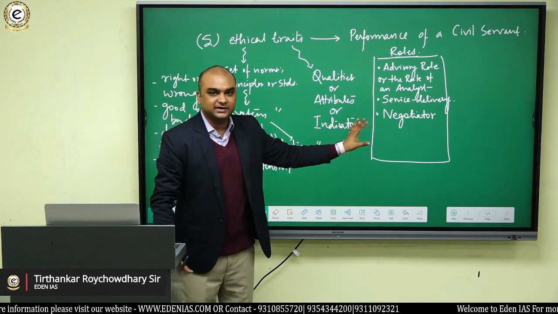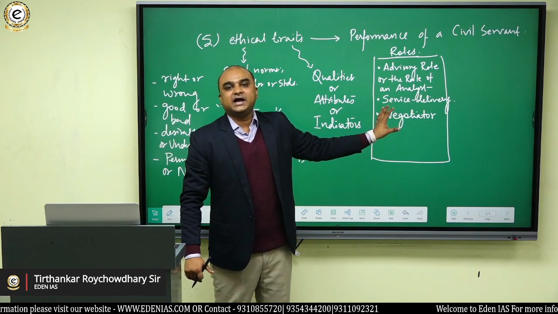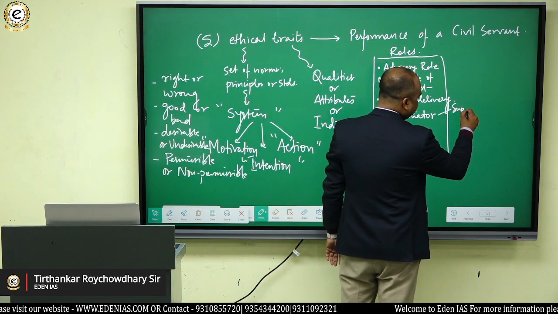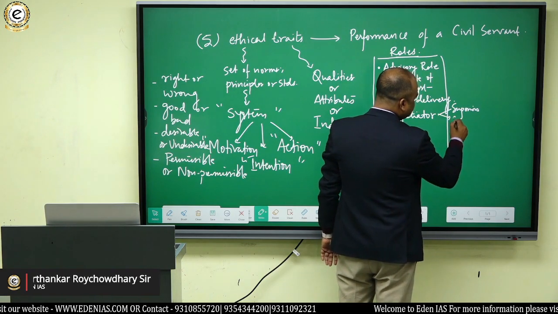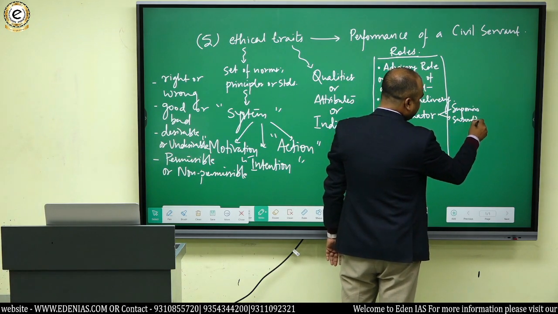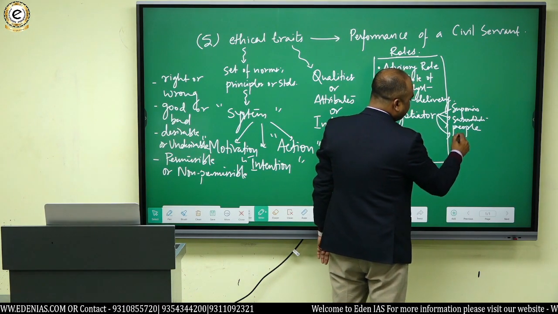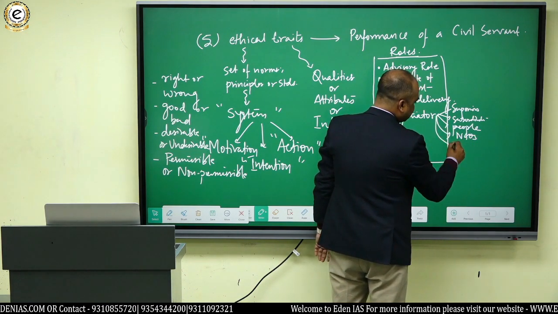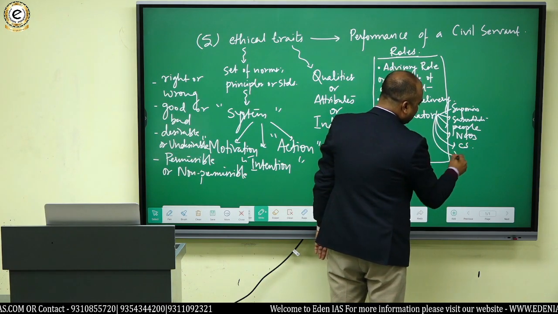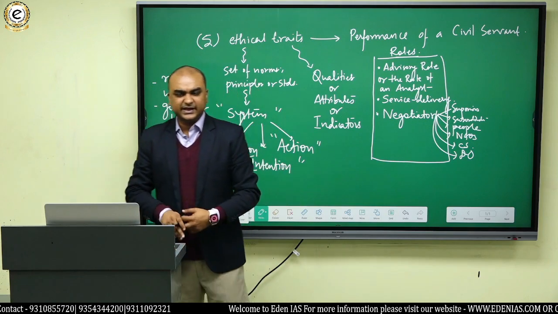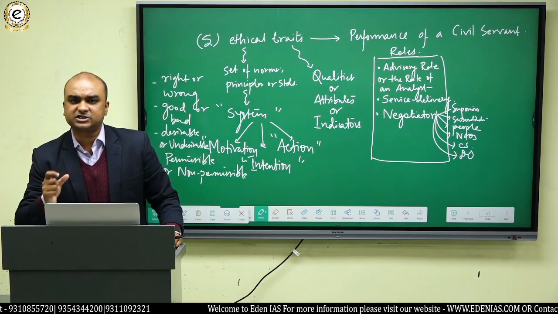So what I'm trying to say is that civil servants are always in talks with superiors, with subordinates, and with the people. You can also think of NGOs, civil society, developmental organizations, etc. So a civil servant engages with multiple stakeholders.